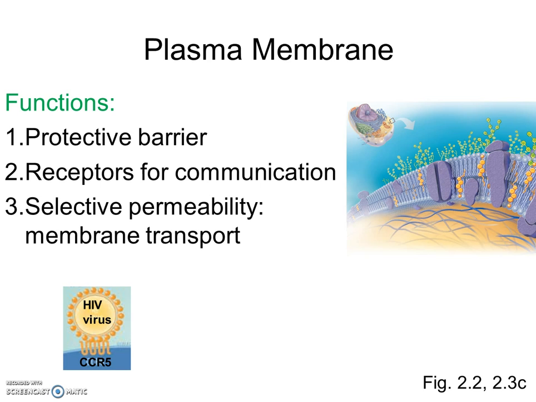And the plasma membrane, finally, is selectively permeable, or has selective permeability, meaning that things have to come in and out of the membrane, but the membrane needs to be selective on what enters and exits, or what transports across the membrane. For example, here, the HIV virus was able to enter the cell.